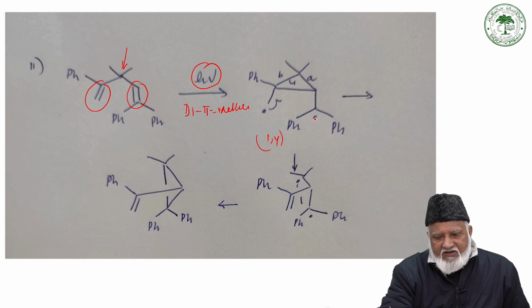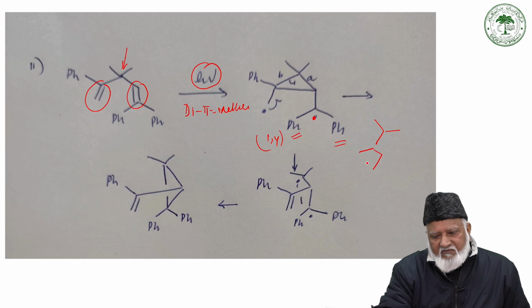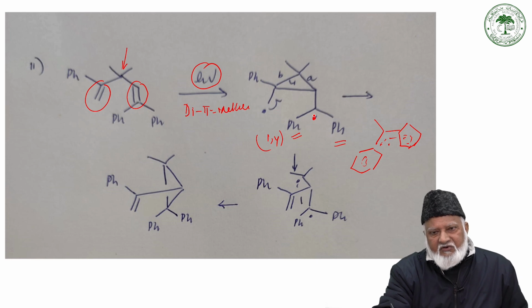Now we can see here this radical is resonance stabilized by the presence of the phenyl group, and in the previous slide we already mentioned the resonance stabilized structure of this radical. Hence the probability of presence of this radical on this particular carbon is less, because all the time it is moving and is more stable.